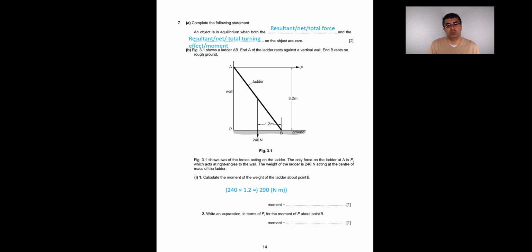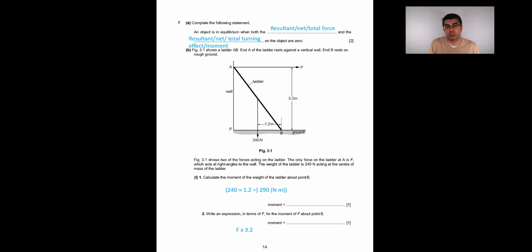Then it says write an expression in terms of F for the moment of F about the point B. Well, they've showed you F, and they've showed you the perpendicular distance from the wall is 3.2. So remember, it's always force times perpendicular distance. In other words, the force and the distance must be at right angles.